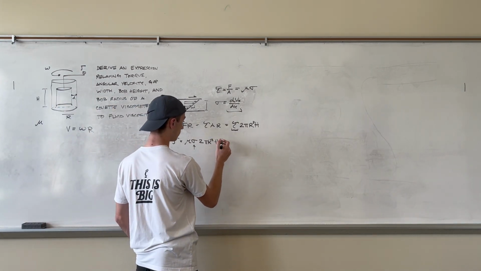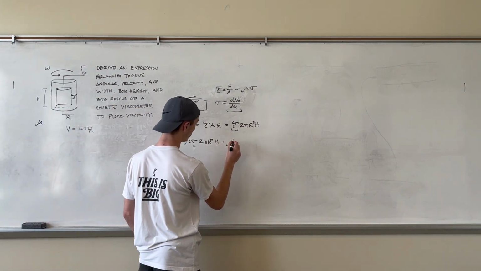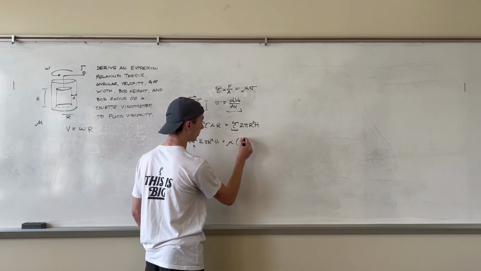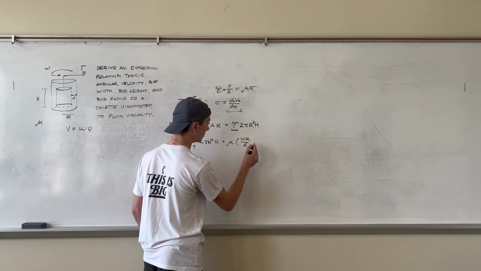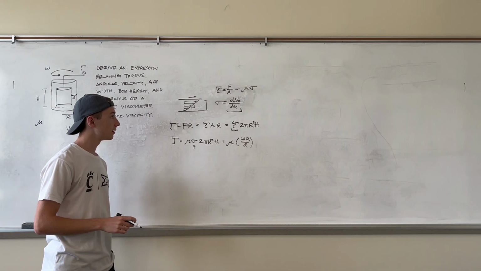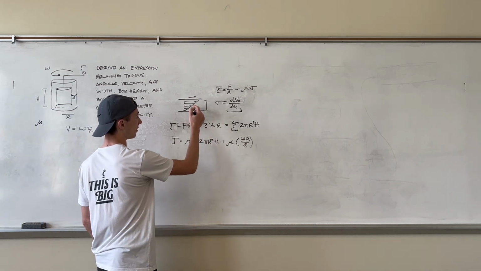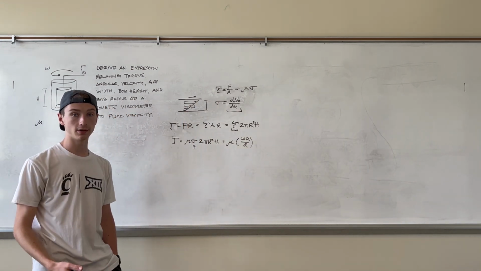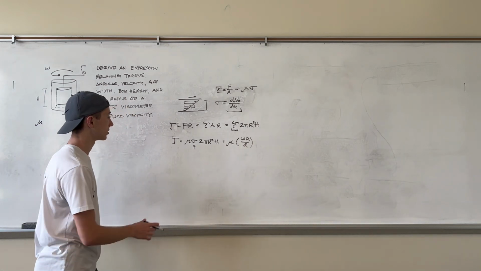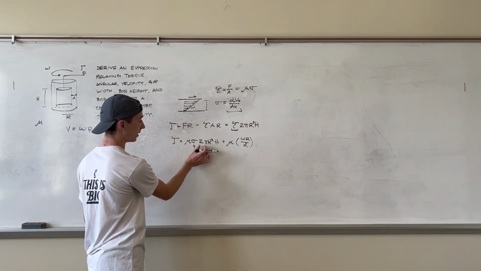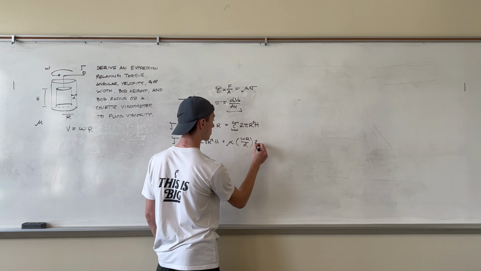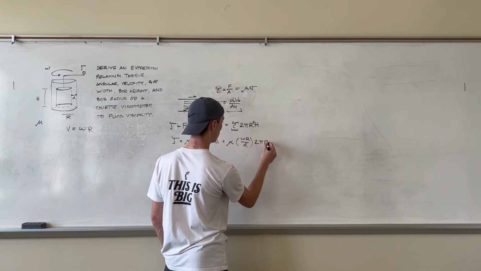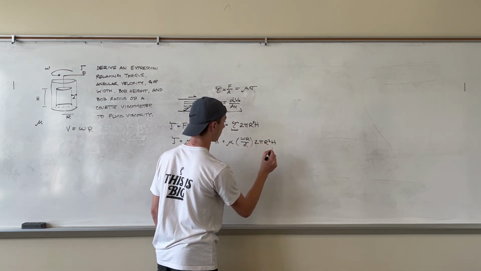So we now have omega r over d, which is the slope of our velocity profile, assuming a linear velocity profile with no-slip boundary, times 2 pi r squared h.